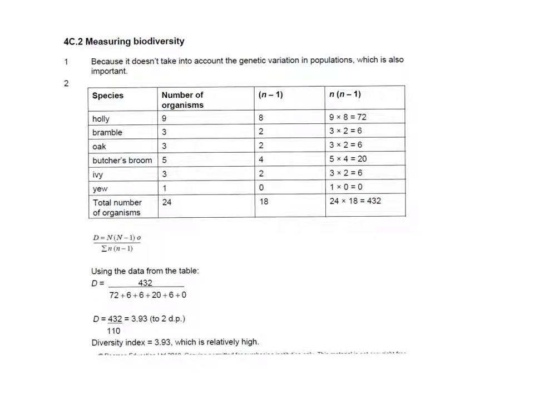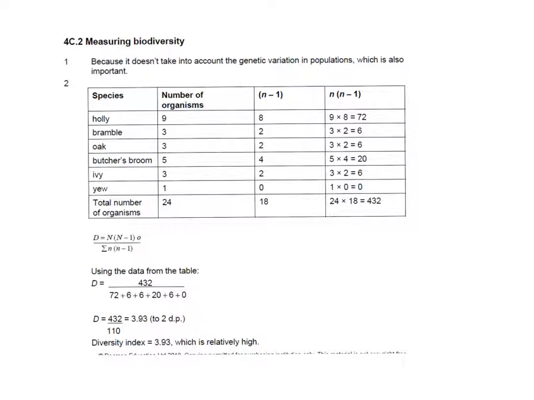And then use the formula in order to calculate the value of D. The diversity index here was 3.93. We consider this value very high, meaning that the area is very rich in genetic diversity.